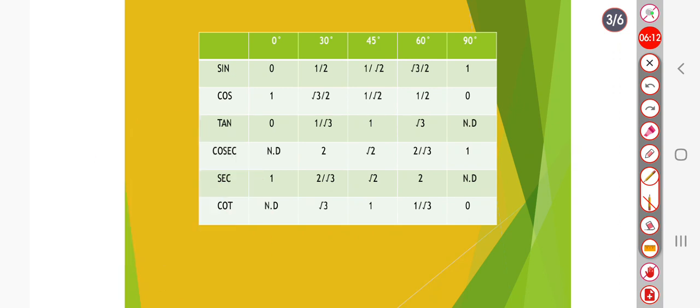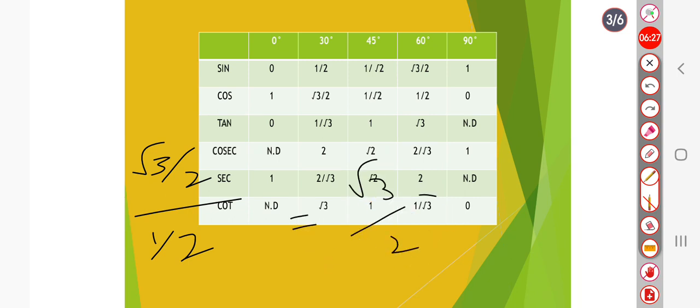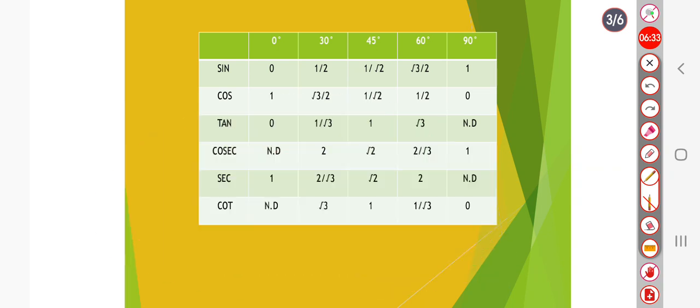Then tan 60, right? Again sin by cos, root 3 by 2 divided by 1 by 2. Root 3 by 2 into 2 by 1. 2 gets cancelled. The value is root 3. That's the value of tan 60, right?